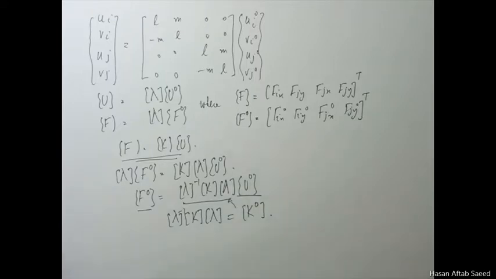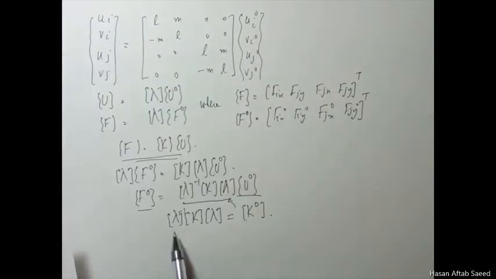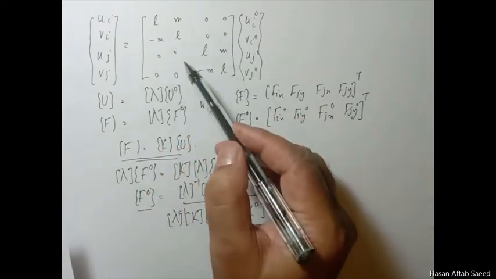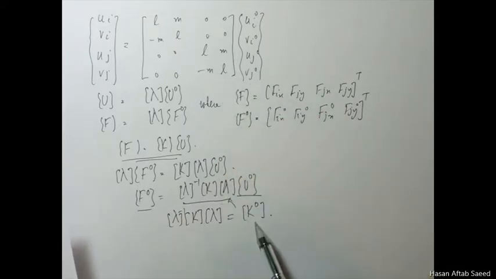So this is how we transform the K matrix in the local system. We know this is the expression for K matrix in the local system. We just multiply it on both sides with the lambda, this matrix. Here it's the inverse of lambda, here is the lambda itself, and what we get is the K naught, which is the global.